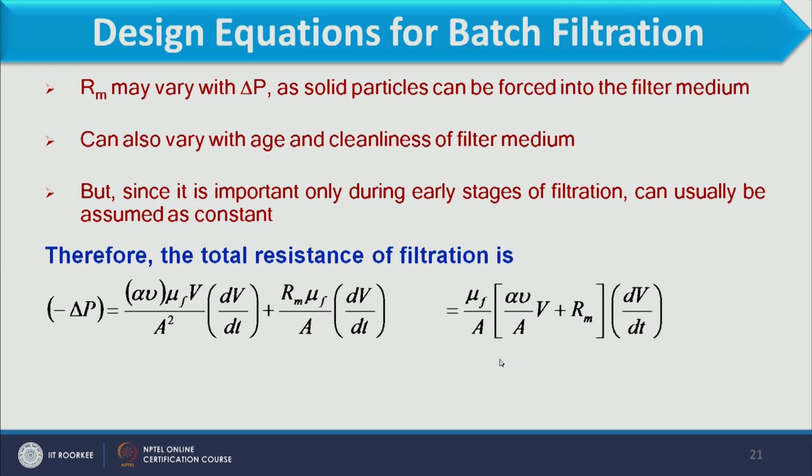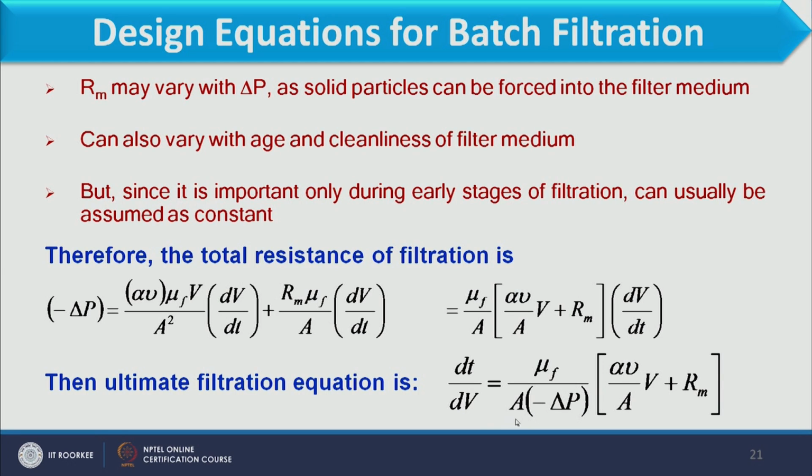Further rearranging this, we find the ultimate filtration equation, that is dt by dV is equal to mu f by A pressure drop into alpha V by A capital V plus Rm. So this equation is basically the governing equation for the filtration process, and we will use it for further calculation, for deriving different cases and different expressions.